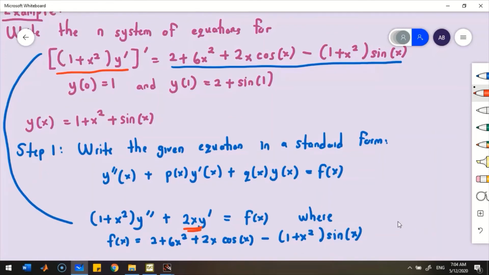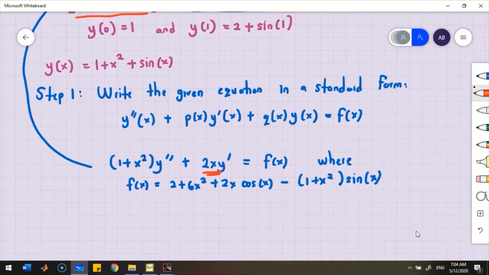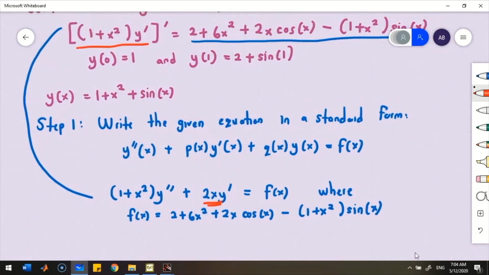Okay, so to answer that, let's look at this term here. So let me put a note here. So how can I write this? So I have d over dx of (1 plus x squared) y prime.